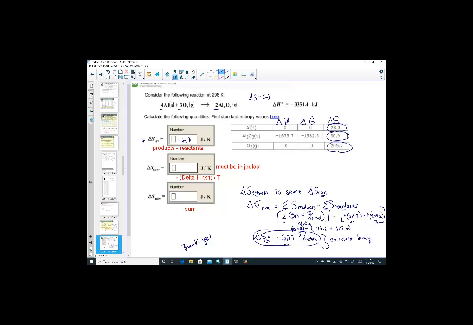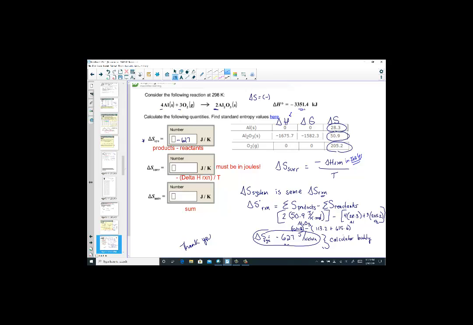Now let's try the second part where it says the delta S of the surroundings. Now, this is the application of the third law of thermodynamics, right? We just wrote this. The entropy of the surroundings is negative delta H of the reaction divided by the Kelvin temperature. So a couple of things. Remember, I emphasized this must be in joules. But delta H is always given to us in kilojoules, isn't it?